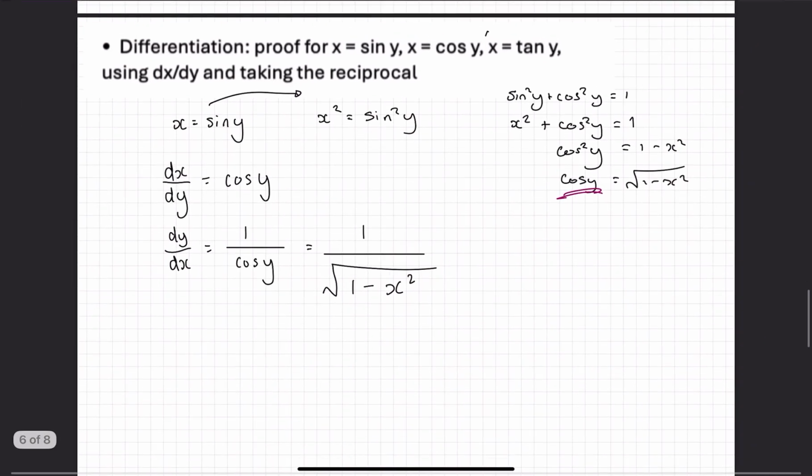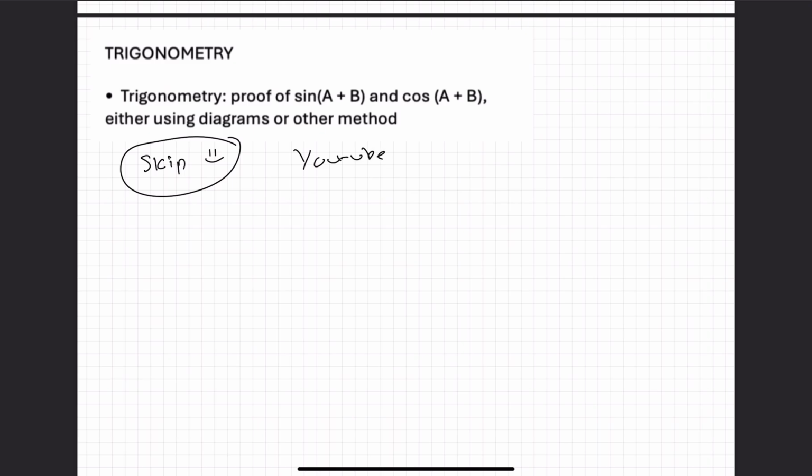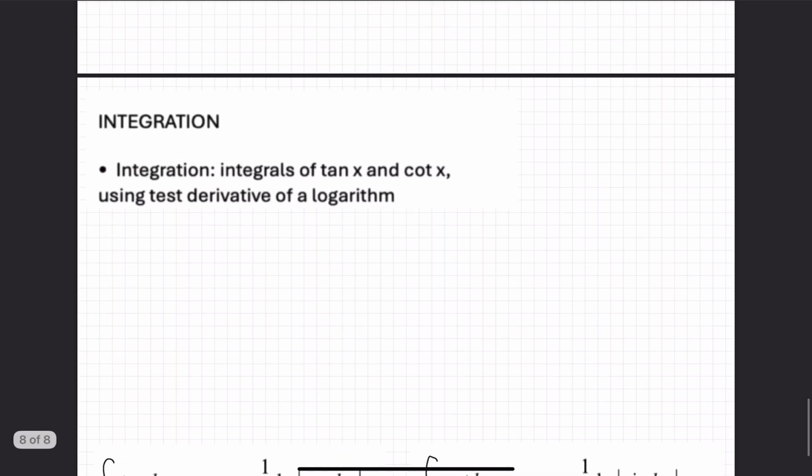Give it a go. This one I don't know. I'm going to be really honest with you, I've never seen it, so I'm going to skip. Please, maybe YouTube it. Right, let's do one more.